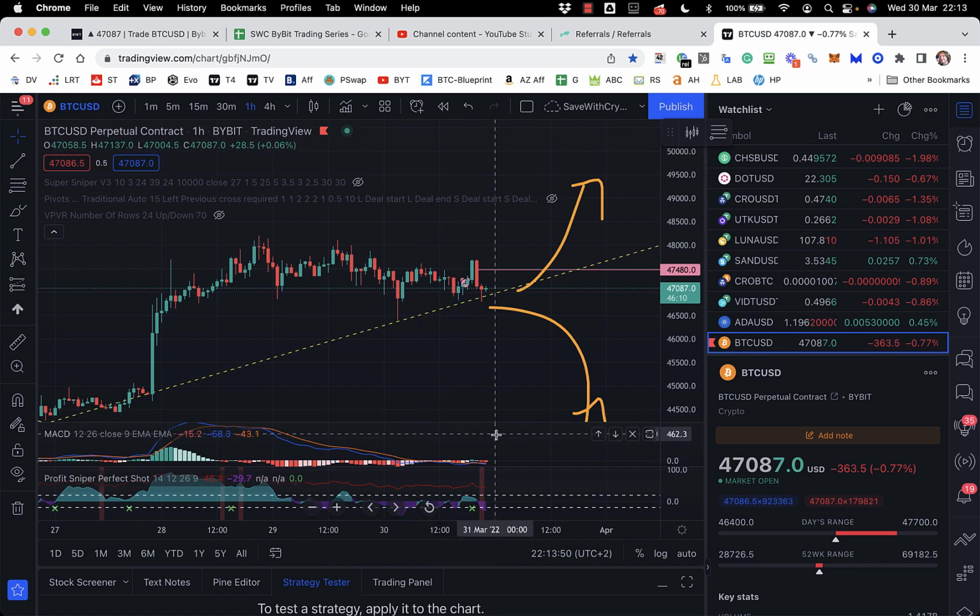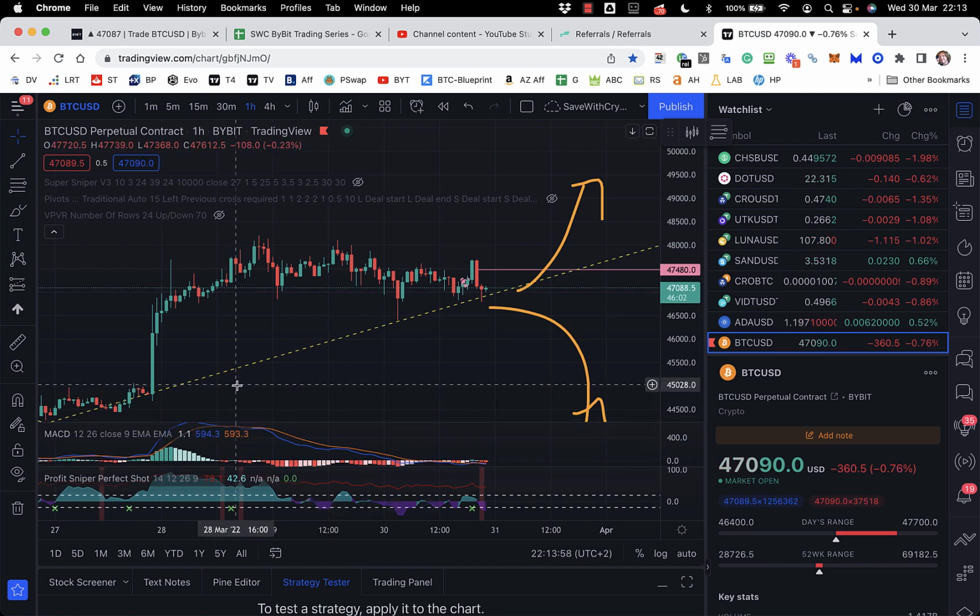So what happened here was the MACD went green very briefly. It hadn't been green for a long time, not since the 28th of March, which was Monday. So it was nice to see it go green. I always thought it was going to go very green, a bit like this green hump there when we got the God candle.